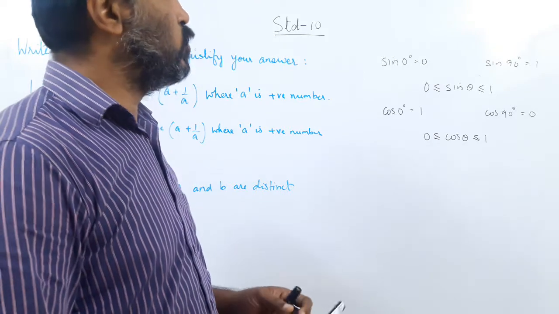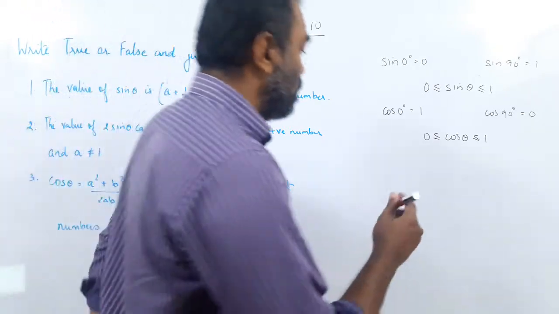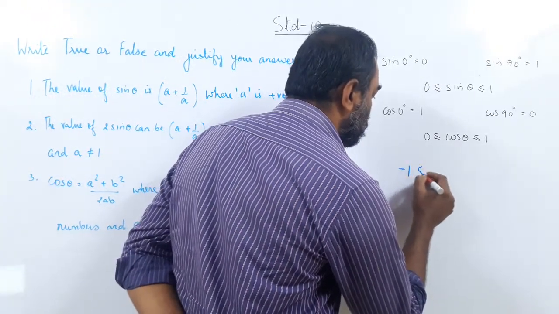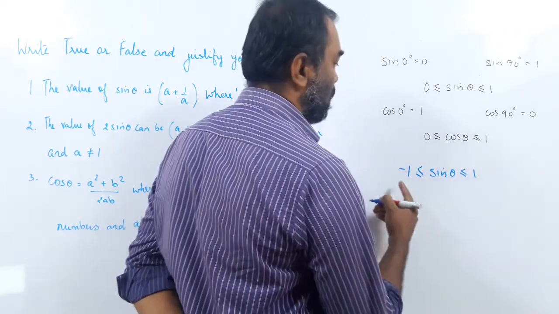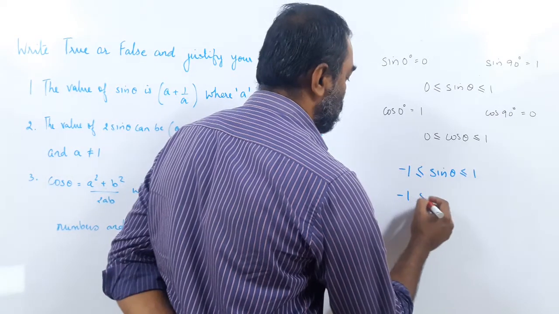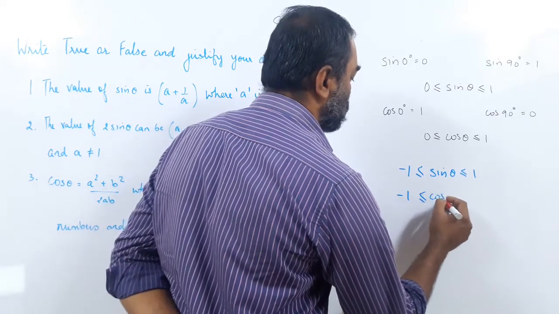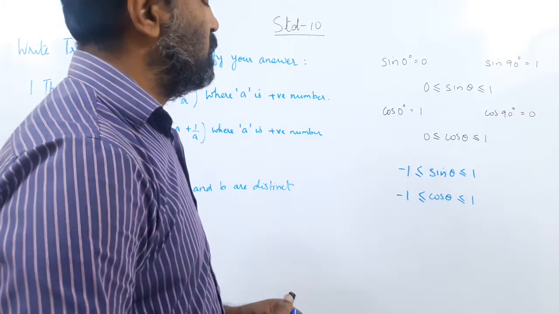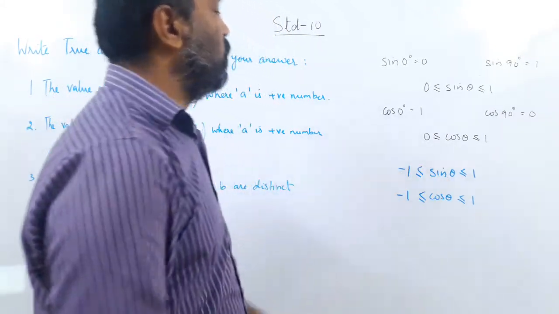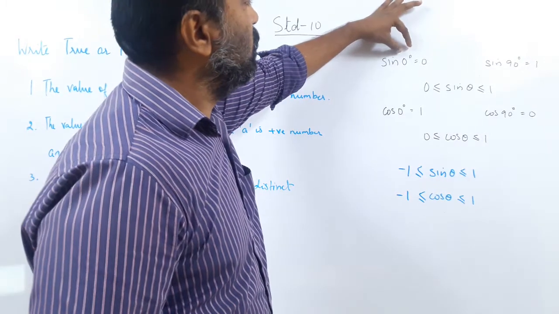So in the future classes you will know the exact range of sine is between -1 and 1 and the range of cos theta is also between -1 and 1. But this you will get in the future classes when your angles will change.